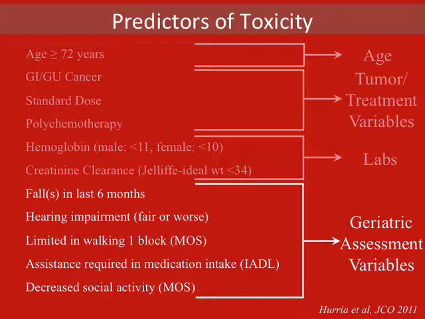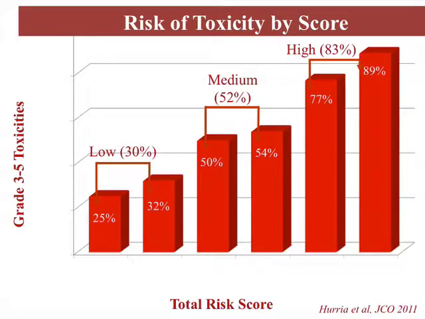So considering falls, hearing loss, limited in walking 1 block, assistance in medication, and then social activities. Then they score the patient to predict the chance of having grade 3 to 5 toxicity.